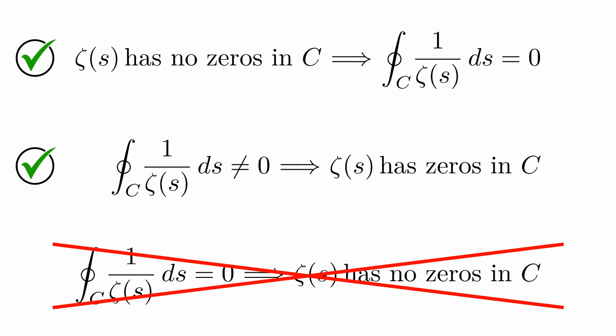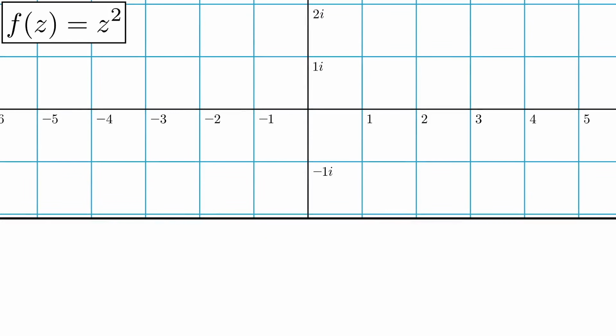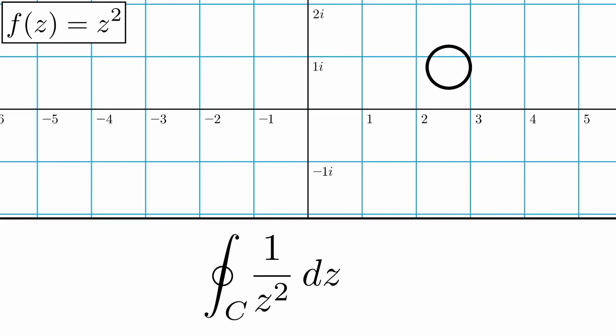To see why, let's imagine that we were trying to find the zeros of the much simpler function z squared using this method. To do this, we would look at the function 1 over z squared, and then we would move this closed curve C around the plane and look for when it happened that this integral was not 0.